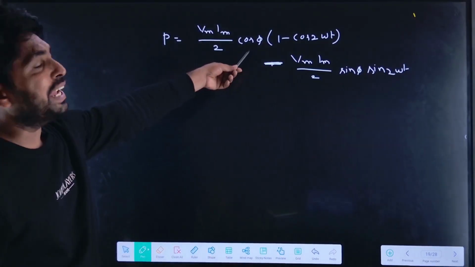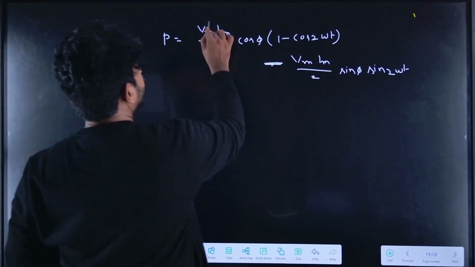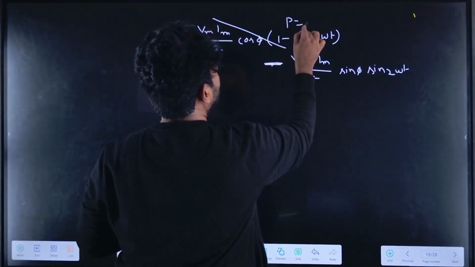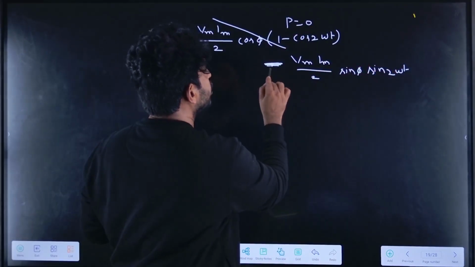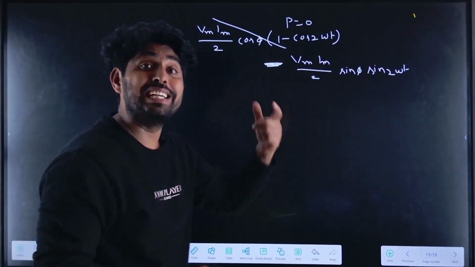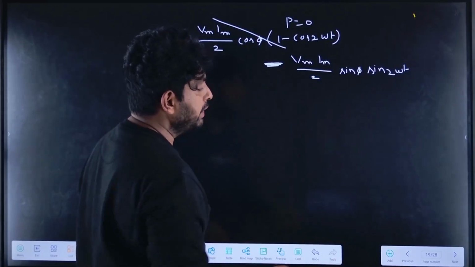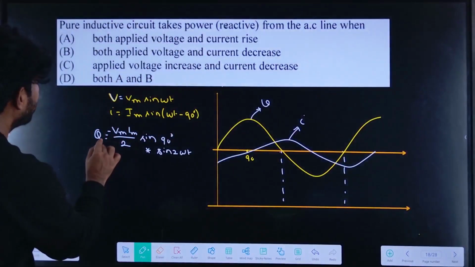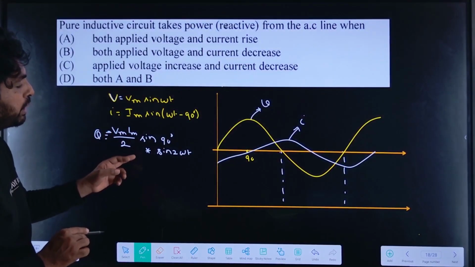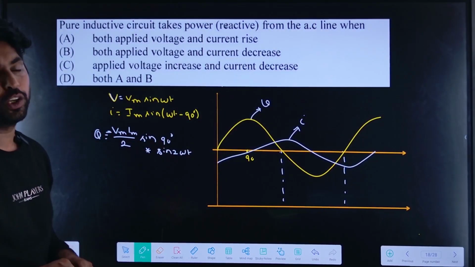So when phi is 90 degrees, the active power equals 0, it has only the reactive power, and the negative sign is also there. When we consider both as sine, it is minus Vm by 2 sin 90 into sin 2 omega t.